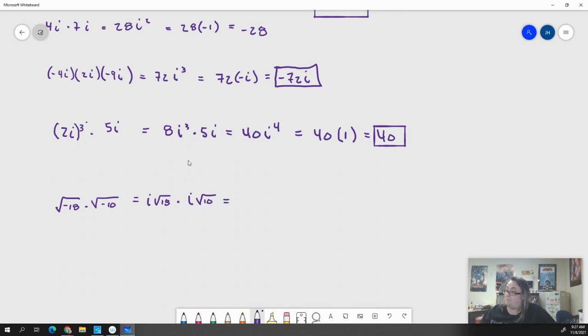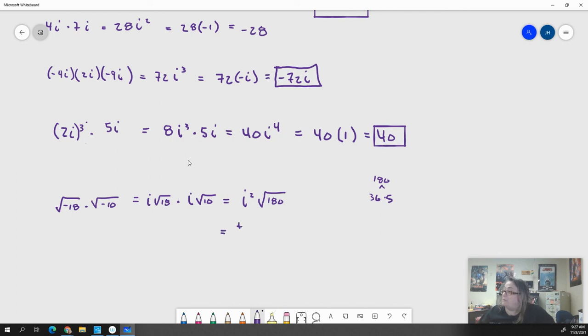And if I multiply them together, I get i squared times the square root of 180. Right? And then I can break down the 180, which, let's see, 180 is 36 times 5. If you don't know what 180 is, then start with 2 and work your way down. But I know that it's 36 times 5.